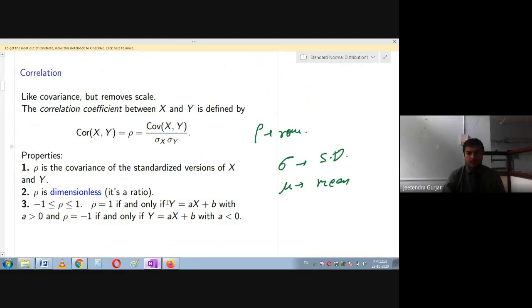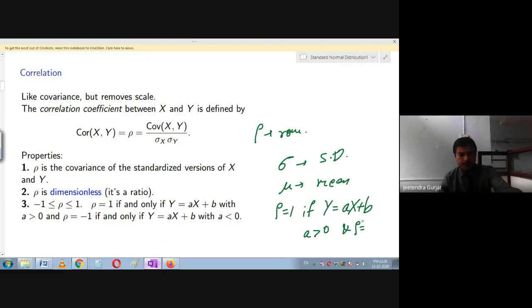Rho is equal to 1 if and only if Y is equal to aX plus b, with a greater than 0.